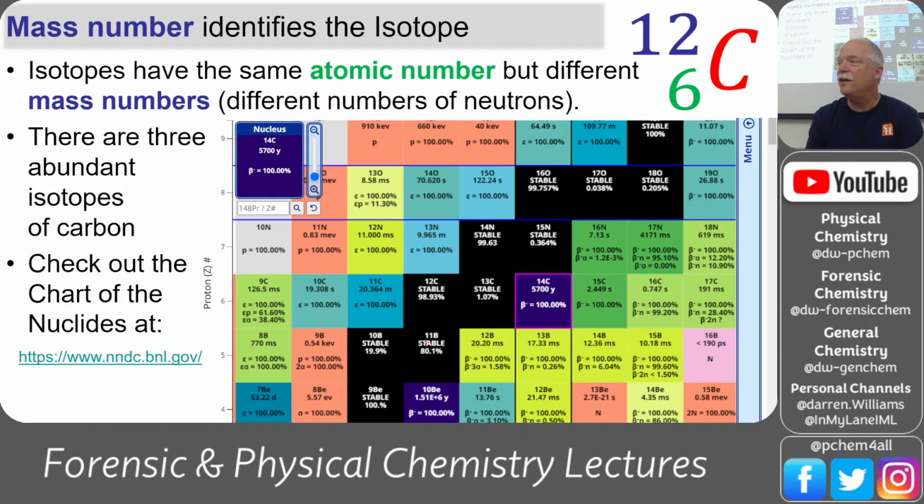So the radioactive isotopes are actually way more abundant, at least in terms of the identified species. We've identified way more radioactive isotopes than you would expect. Yes, there is a carbon-11, a carbon-10, a carbon-9, but they don't last very long at all.